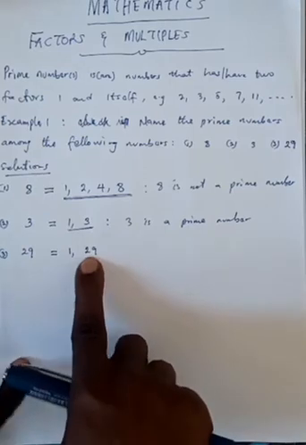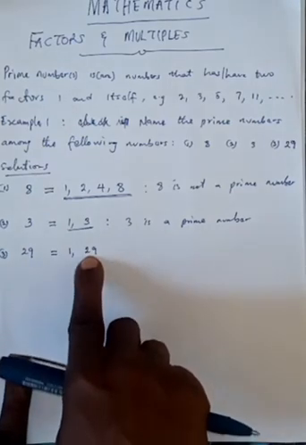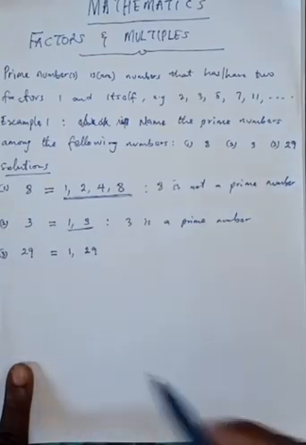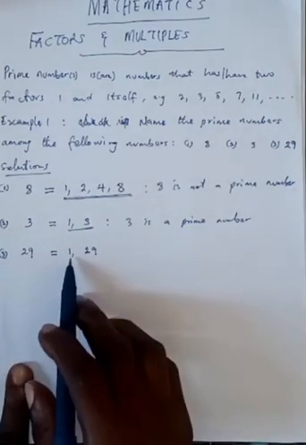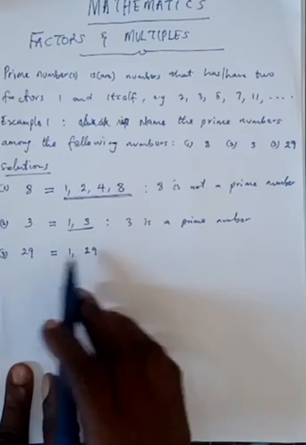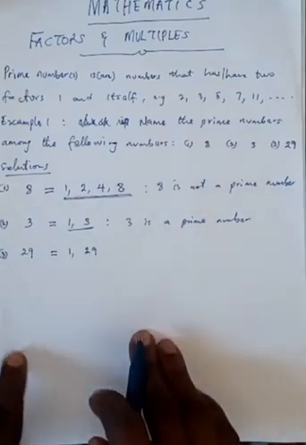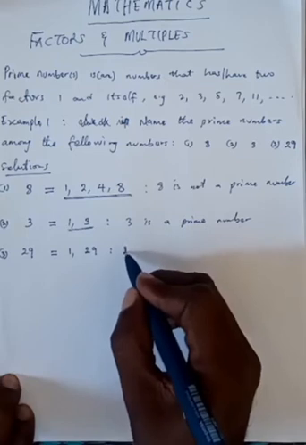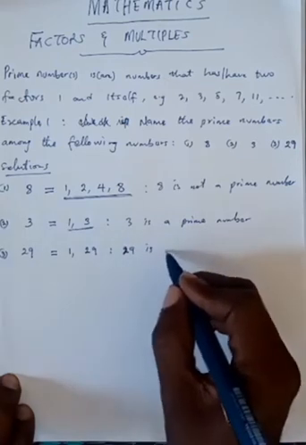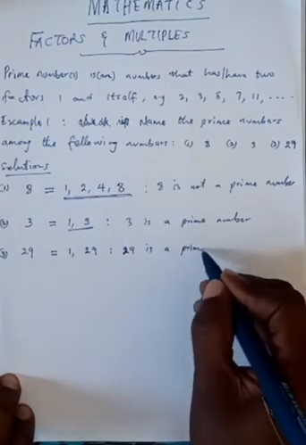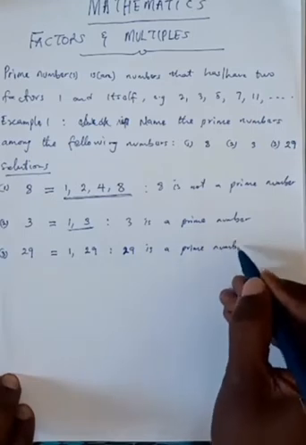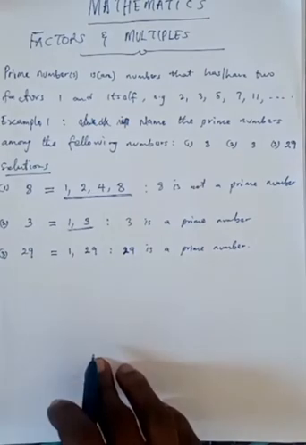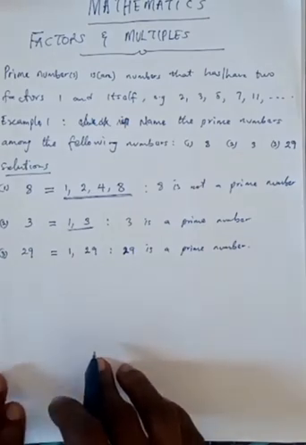In order for us to know whether any number is a prime number or not, we should be able to list all the factors such a number has. In this case, only 1 and 29 are the numbers that can divide 29. As a result, we say that 29 is a prime number. So that is one of the first things we want to talk about.